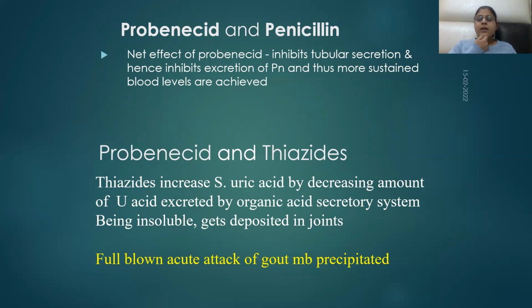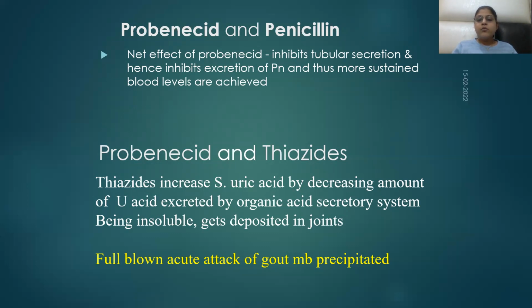Probenecid and thiazides interaction is that thiazides increase the serum uric acid by decreasing the amount of uric acid excreted by the organic acid secretory system.